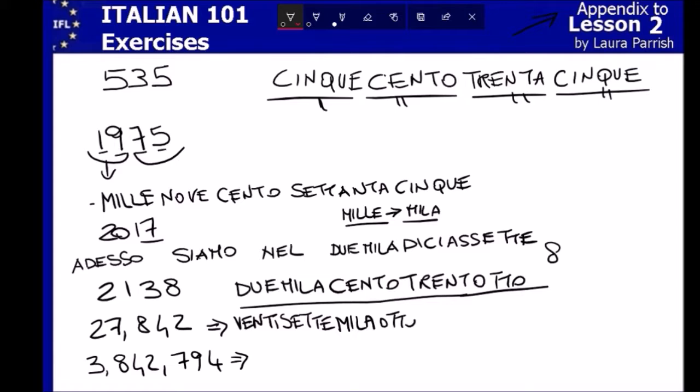Then you've got to say 100, 800, then 42, 40, 2. There you go. 27,842 in Italian is ventisettemilaottocentoquarantadue.